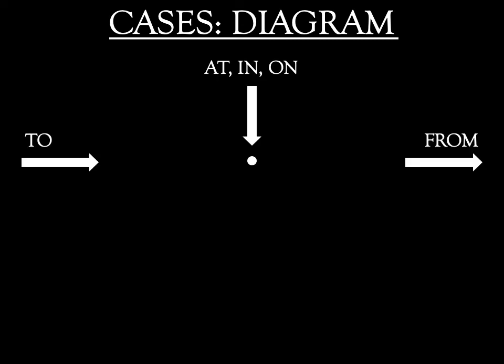Since we're discussing space and direction, it's helpful to organize the relevant case usages in a spatial diagram. Our diagram has a notional location, the dot at the center, and 3 possible directions: to, at, in, on, and from. Hopefully it's clear where the relevant cases go.